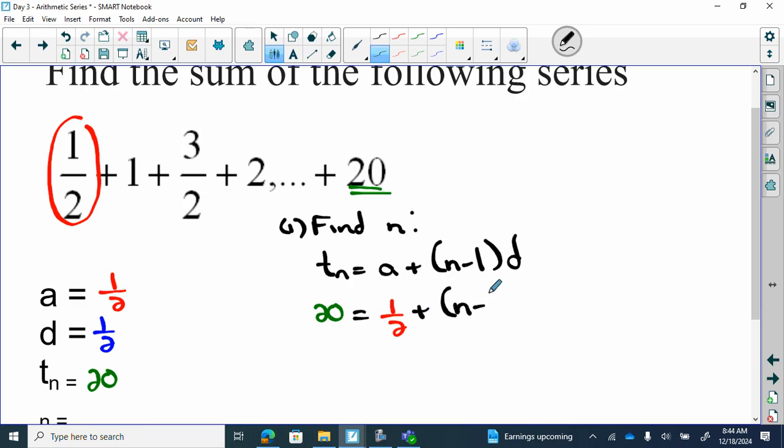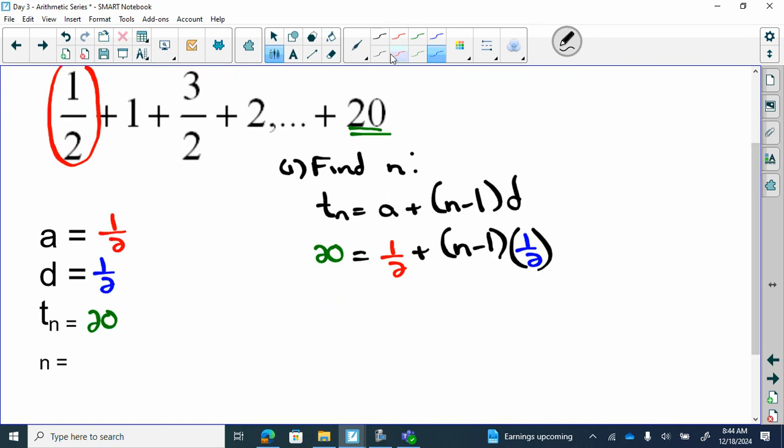I don't know n. What should I fill in for D? 1/2. Now, the other day, I was moving this over, dividing both sides by 1/2, then I'd add 1 to both sides. That's fine. When I look at this, however, watch if I multiply through the brackets.